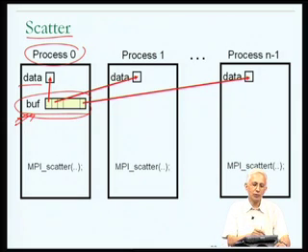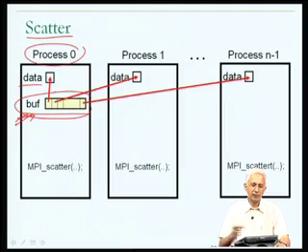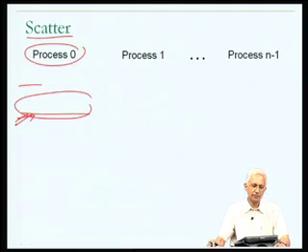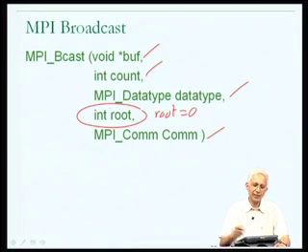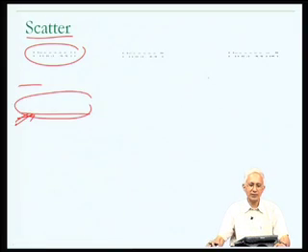It is important to note that unlike the case of broadcast, the scattering of the data includes process P0, the root of the scatter, within it. So we expect the parameters to be very similar to what we had in the case of broadcast, in other words, this set of parameters. The only additional parameter will be the buffer into which the scatter is going to be done.